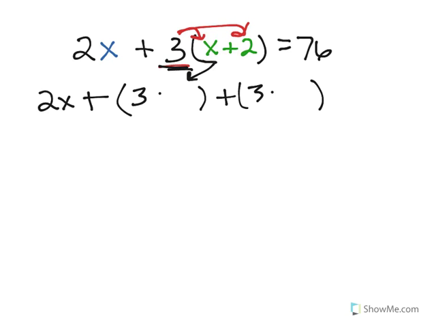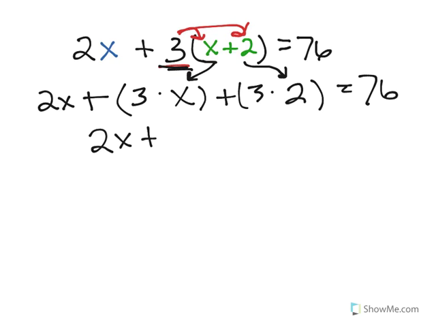So x is going to go over here and 2 is going to go over here, and all of this still equals 76. Now we can simplify and get rid of those parentheses. So we have 2x plus 3x plus 3 times 2, which is 6, equals 76.